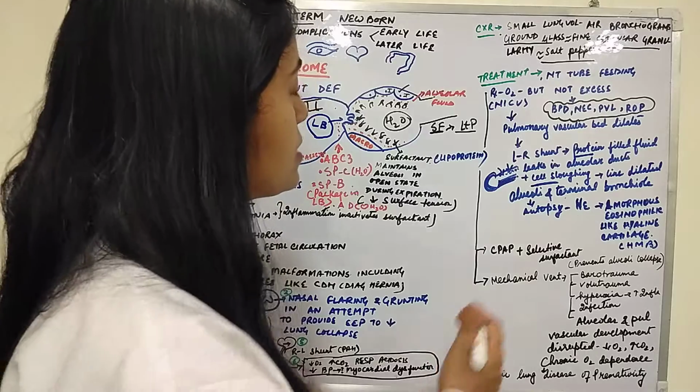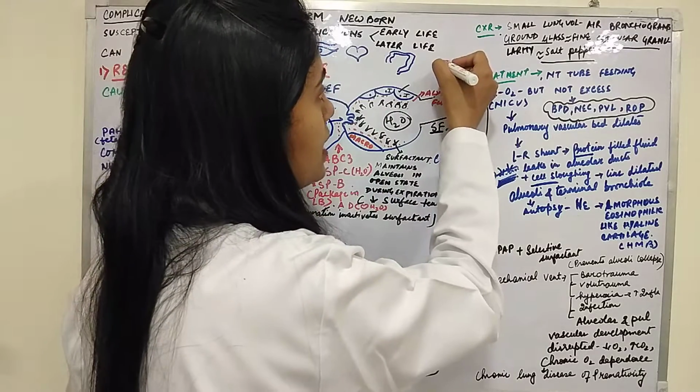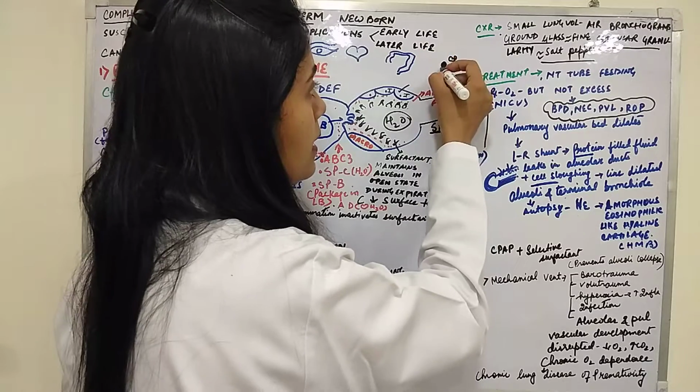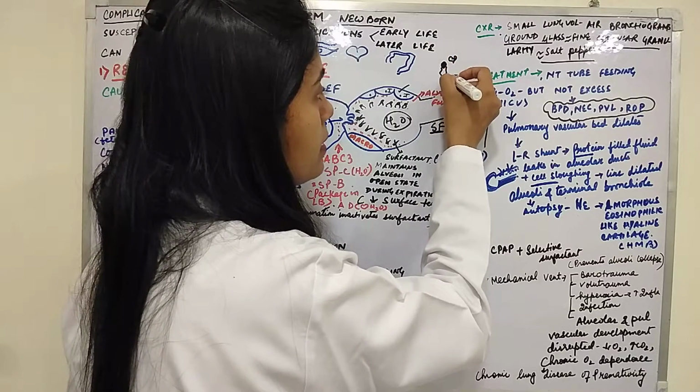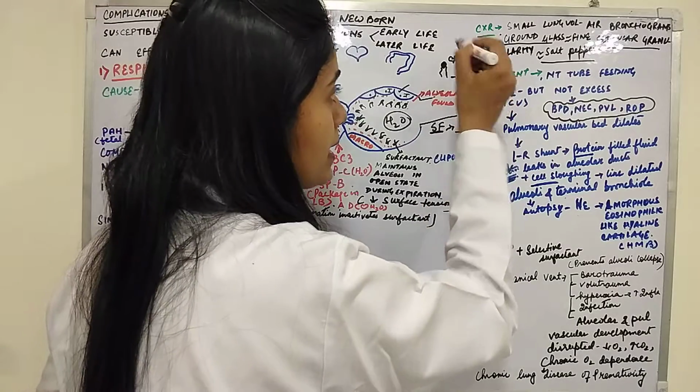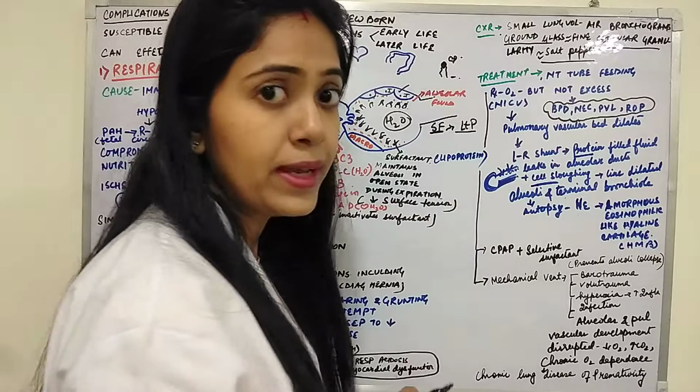Now, if we look into the surfactant's molecular structure, it has a water-loving pole and a water not-loving pole, that is, a hydrophilic and a hydrophobic end.